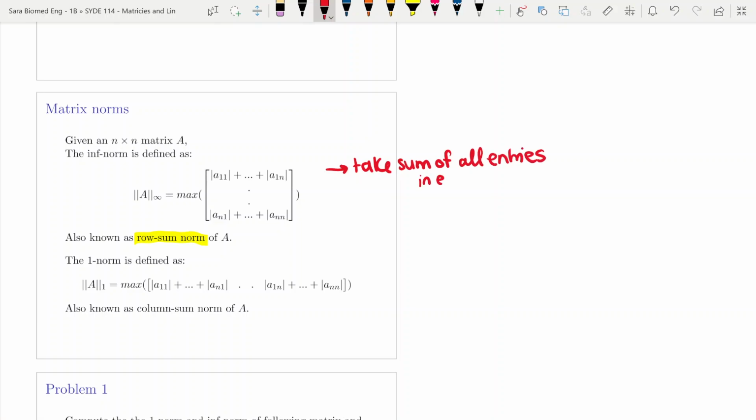This is the inf norm; I should put an infinity sign over here. Suppose this is A, then the inf norm is equal to this.